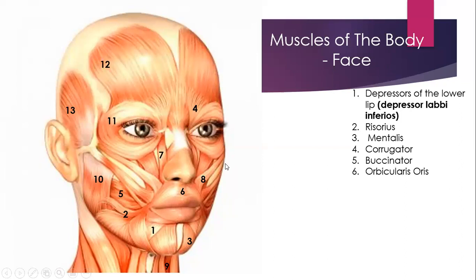Number 6, your orbicularis oris. 7, levator of the upper lip or levator labii superius. Number 7, so down the sides of the nose connected to the top of the mouth.